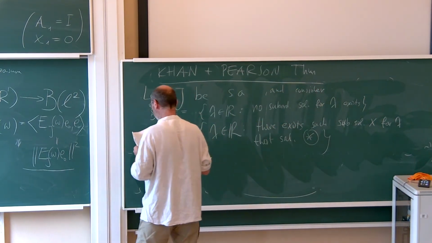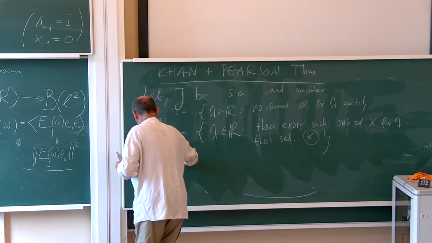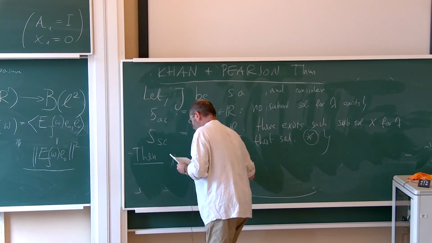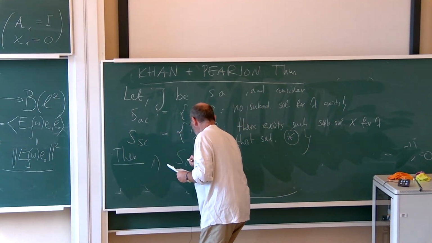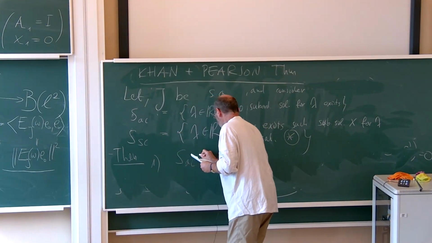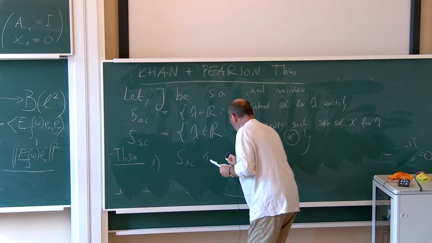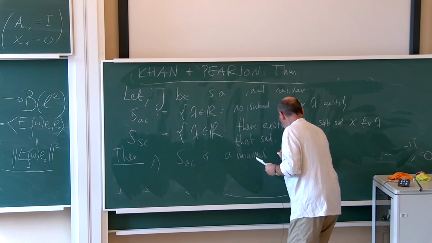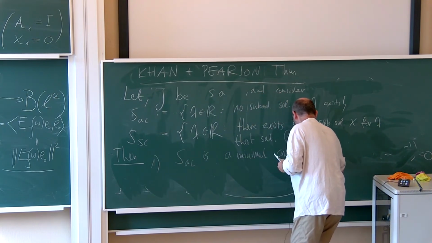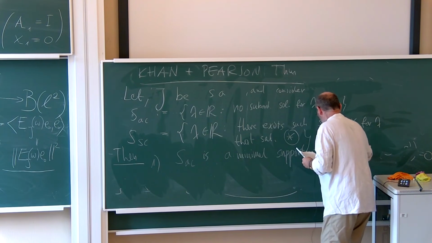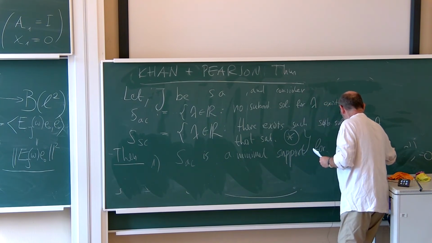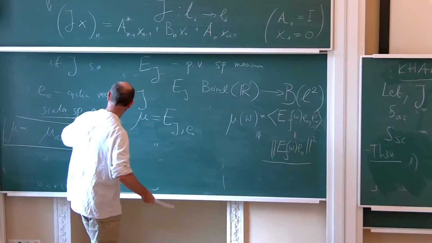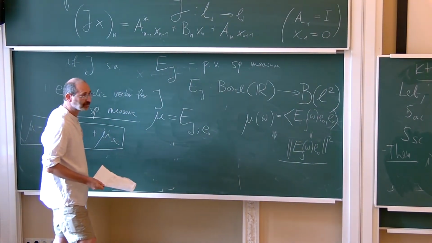And now, what is the assertion? Then the first part is that this set SAC is a minimal support for mu AC, for the absolutely continuous part of this spectral measure.